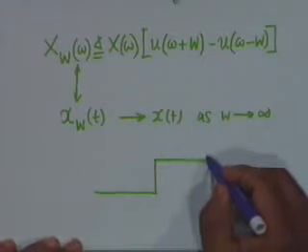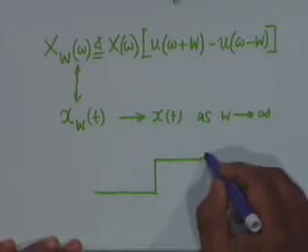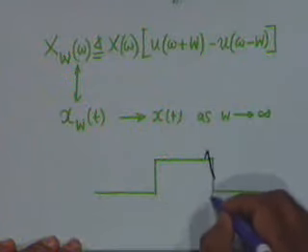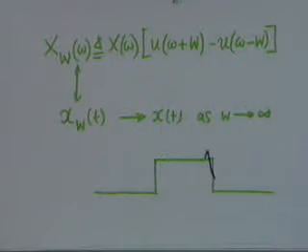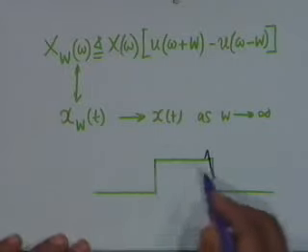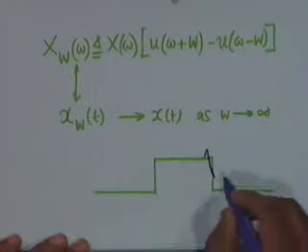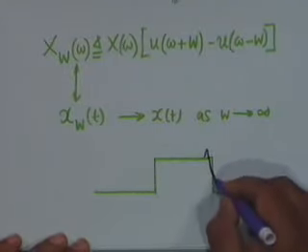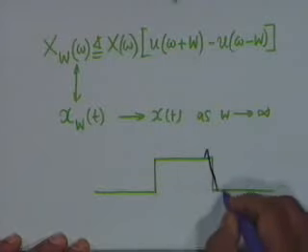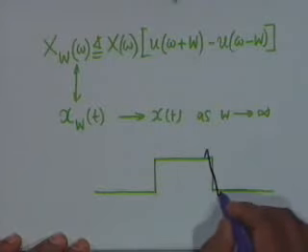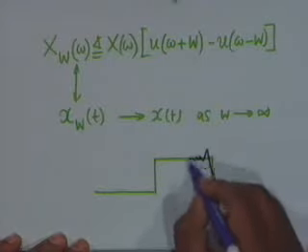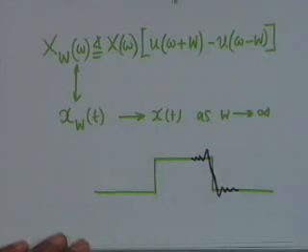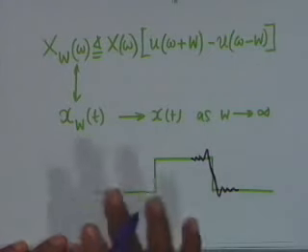At the points of discontinuity, there is an overshoot. At the point of discontinuity, the value is half of the value on the left hand side and the right hand side, and as we exceed the discontinuity, there is an undershoot, and then there are ripples here and here. Similarly, it occurs here and also here, exactly the same way as in the case of Fourier series.